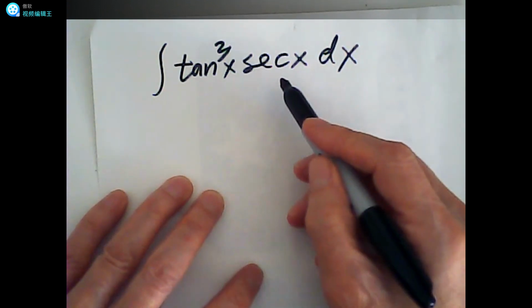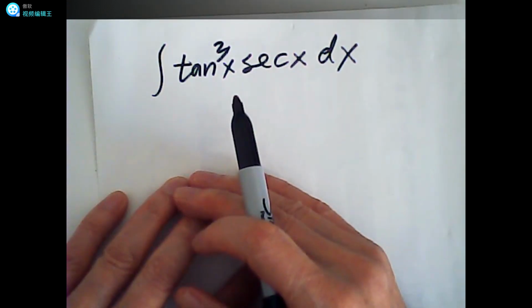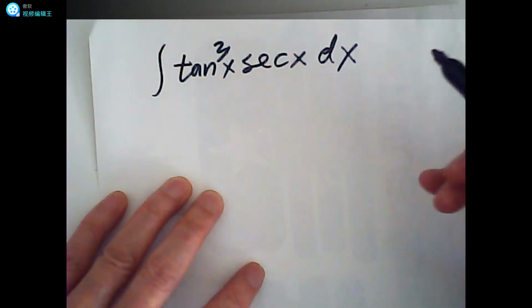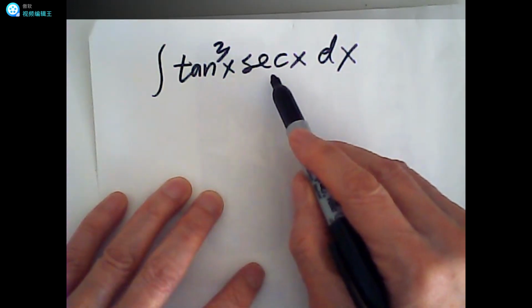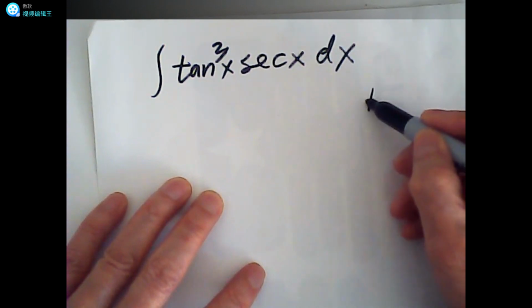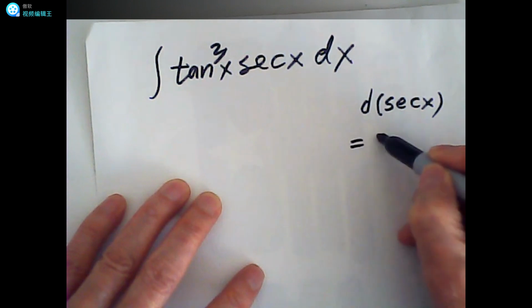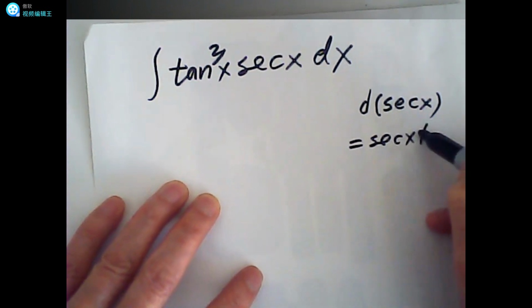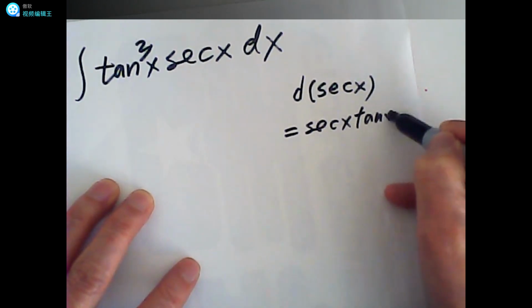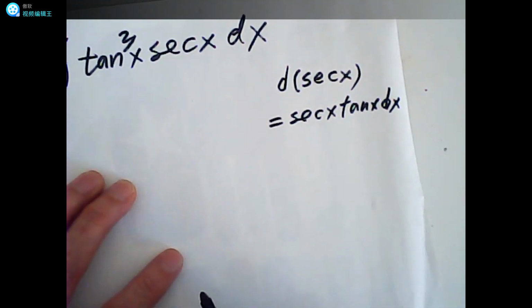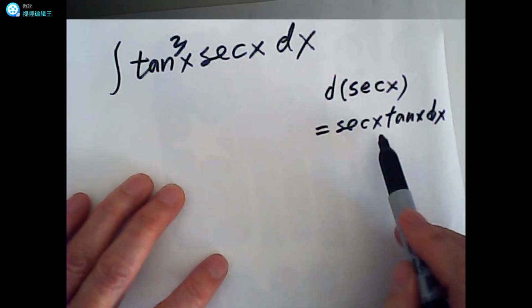If we change the variable, for example, to secant: the derivative of secant x is secant x tangent x dx.